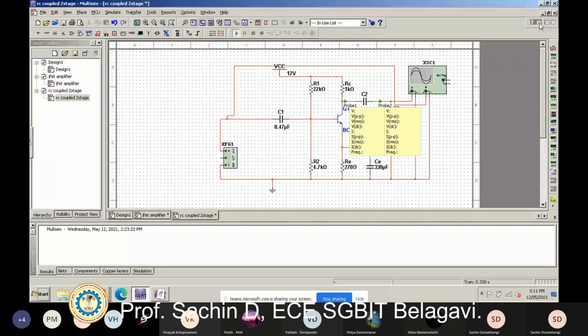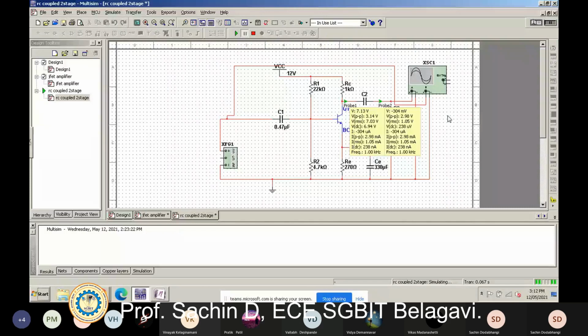I paused it so you can read it. So before C2 the voltage is 5.4, and after it is minus 1.64. Okay, one second, I will pause it. Now I can read it. So the collector voltage is 7.13.